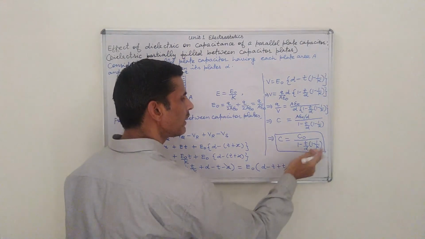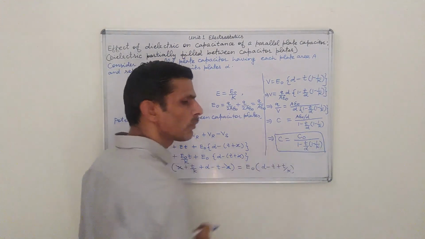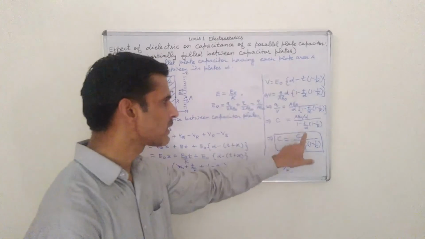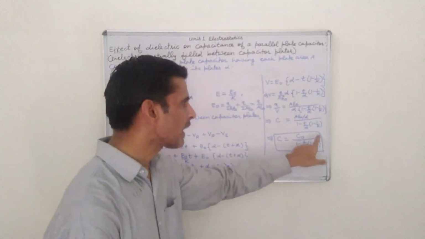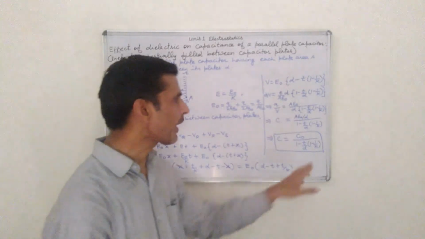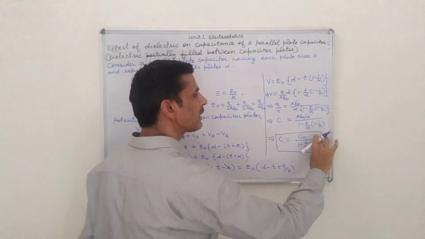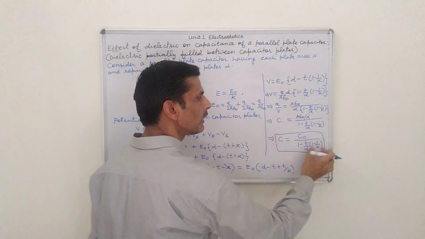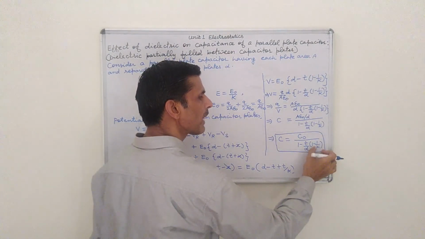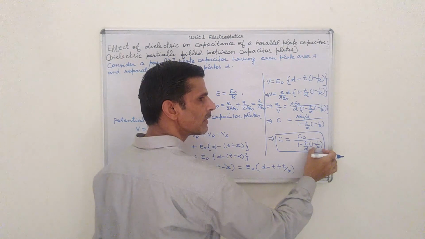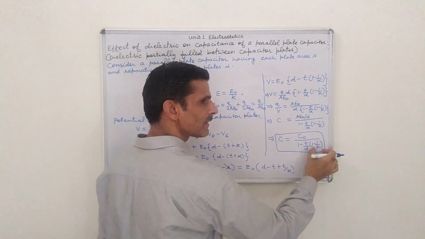Here you can see the denominator is 1 minus T upon D in bracket 1 minus 1 upon K, and you know K is always greater than 1. So 1 upon K is less than 1. The quantity in the bracket, 1 minus 1 upon K, is positive and less than 1.